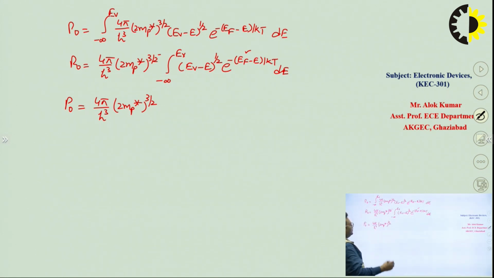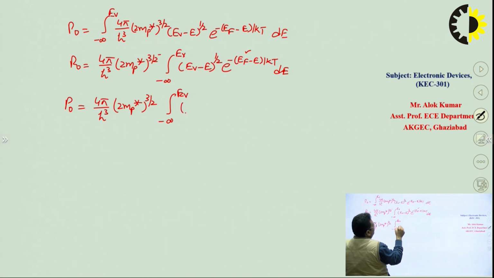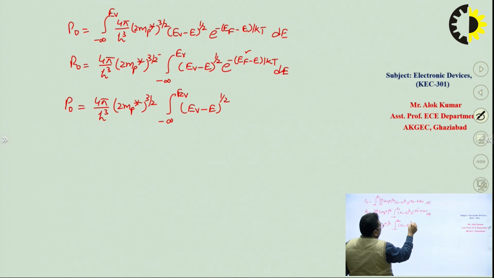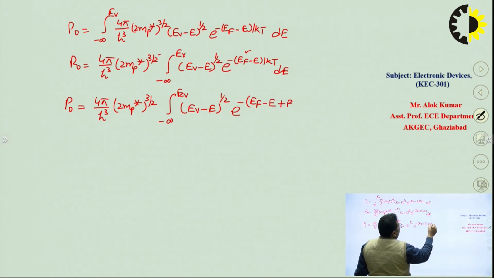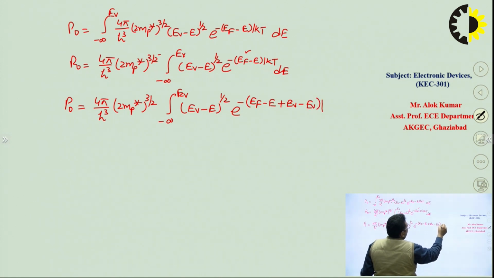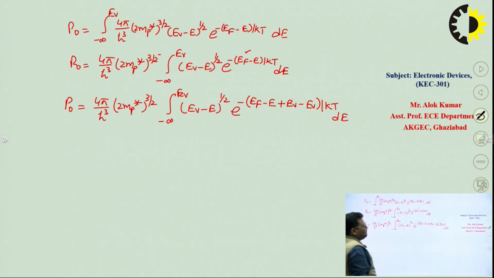So 4 pi upon h cube 2 mp star to the power 3 by 2 and minus infinity to EV, EV minus E to the power half, and here I can write minus EF minus E plus EV minus EV divided by KT with respect to dE.